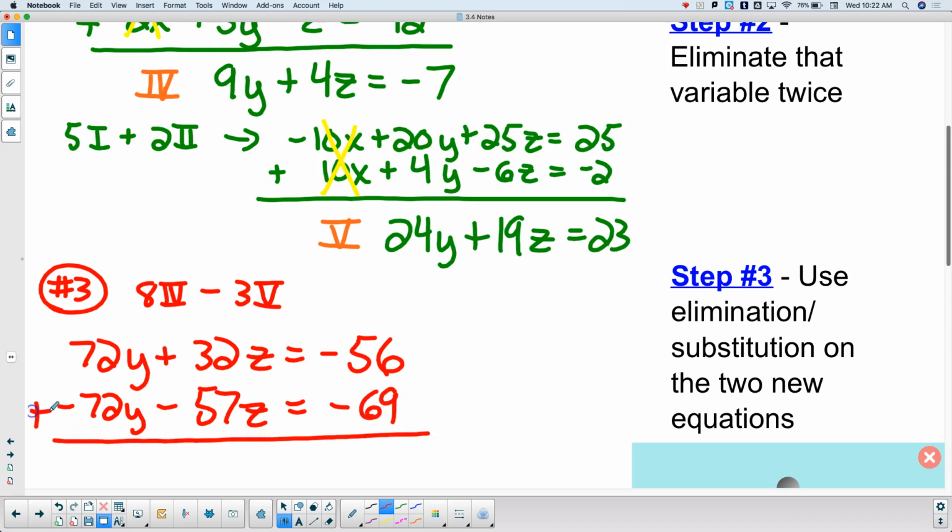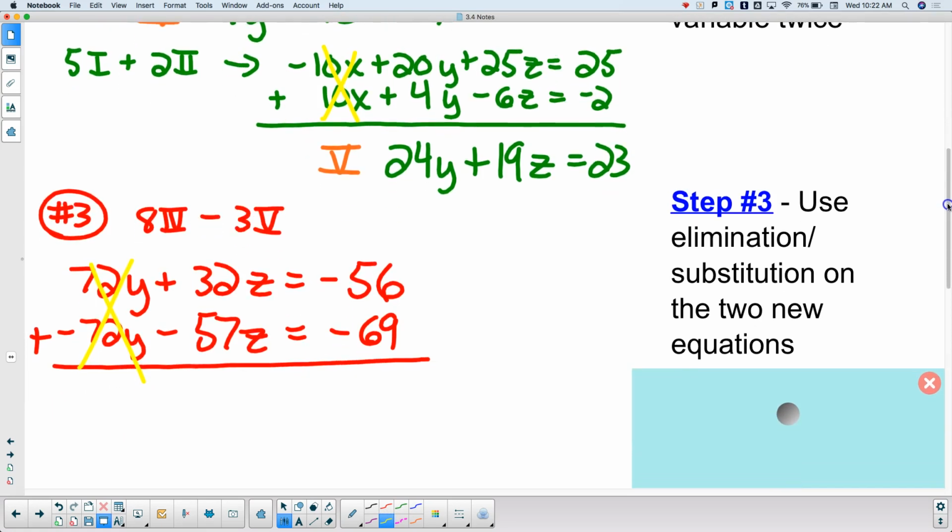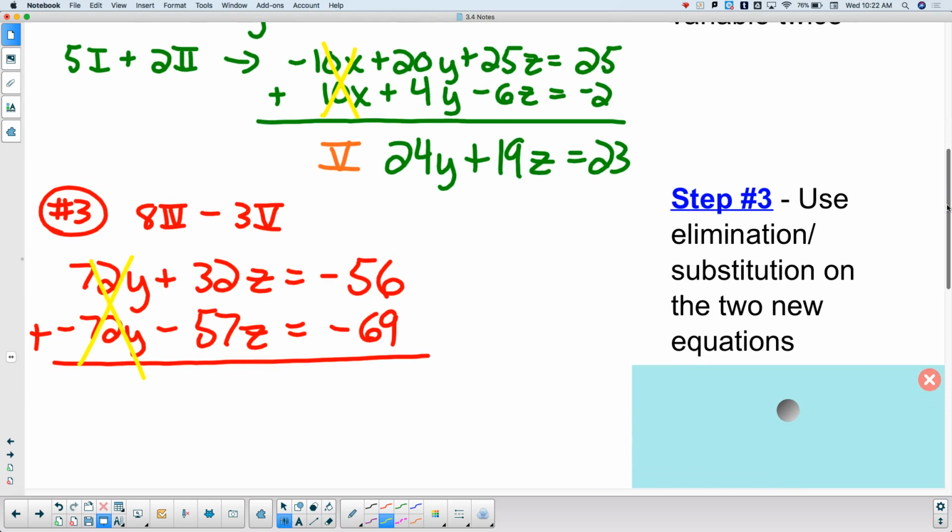And I add those two equations together. Again, my y's now cancel out. And that leaves me with, what's that, -25z equals -125.